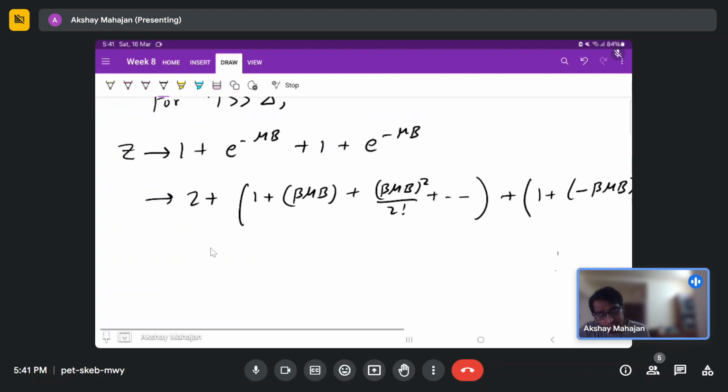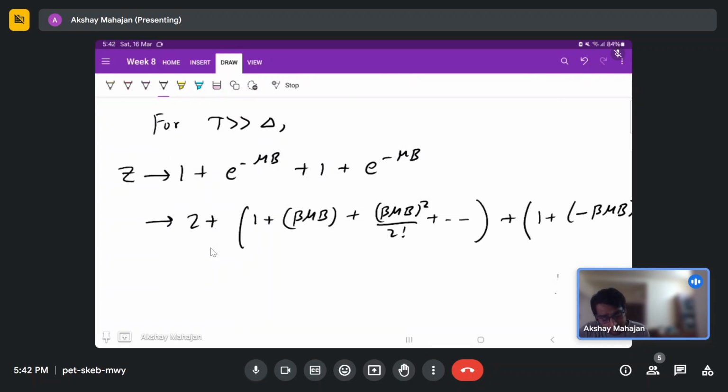So we are not going to ignore the first order terms of beta and mu b, but we can ignore the higher order terms like these square terms.